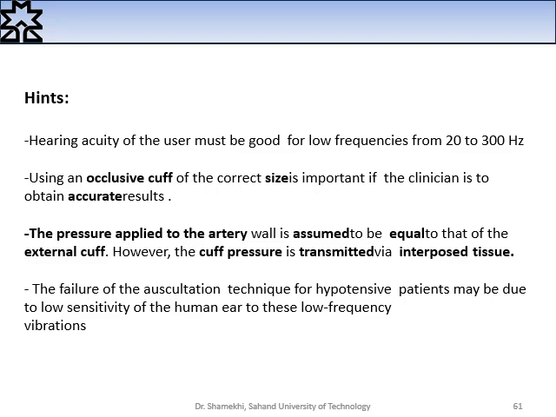The pressure applied to the artery wall is assumed to be equal to that of the external cuff. However, the cuff pressure is transmitted via interposed tissue. The failure of the auscultation technique for hypotensive patients may be due to low sensitivity of the human ear to these low frequency vibrations.